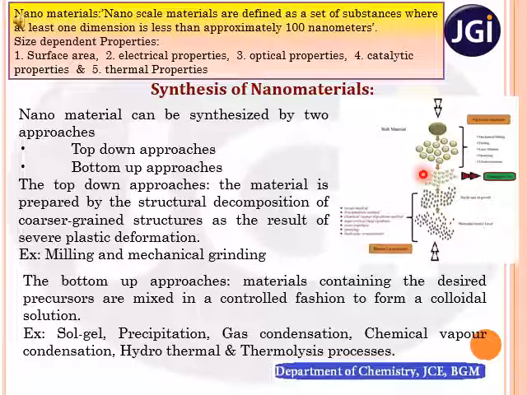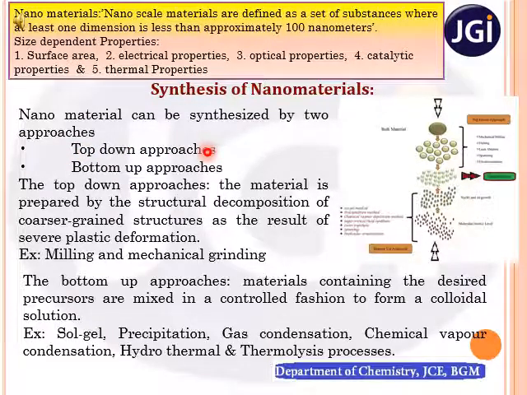For example, if you want to prepare nanoparticles of zinc sulfide, prepare zinc sulfide in bulk material or in the regular conventional method, then that compound is grinded to a nanoparticle size. So such kind of approach we call as top-down approaches.